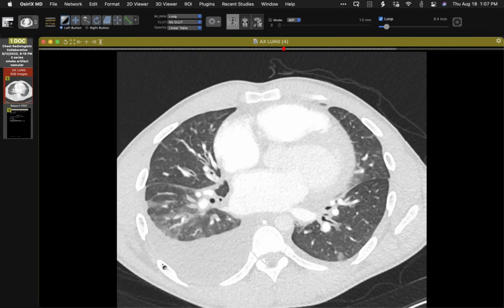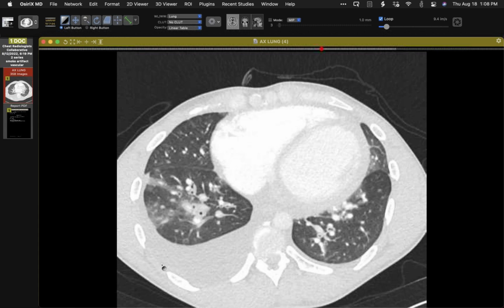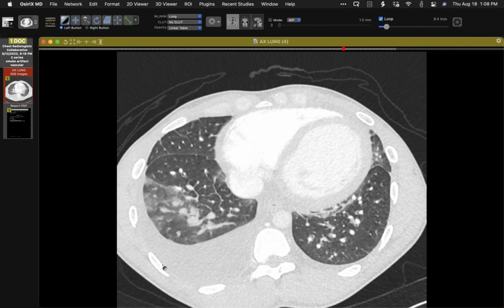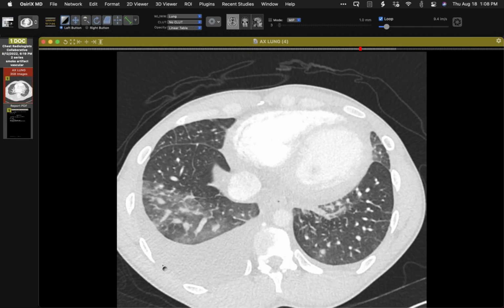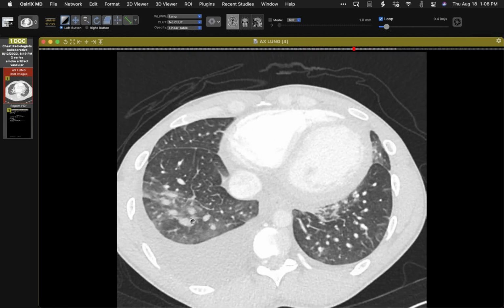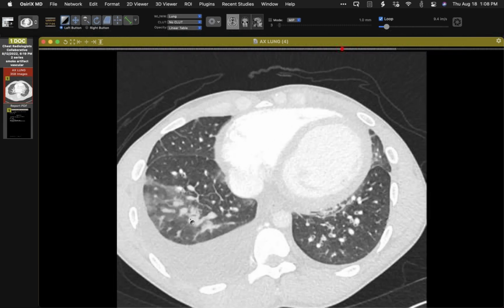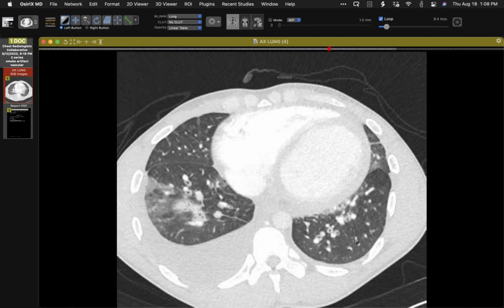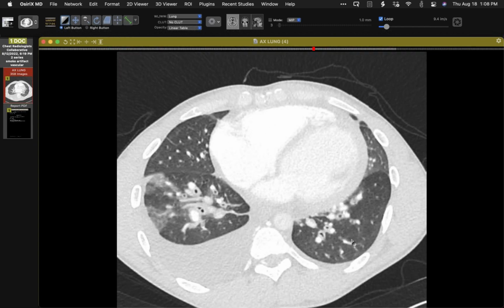Now I'll go back to initially the lung windows to show you that, interestingly, there is more interstitial lung edema and even ground glass opacity, consistent with foci of alveolar edema in the right lower lobe compared to the left lower lobe.